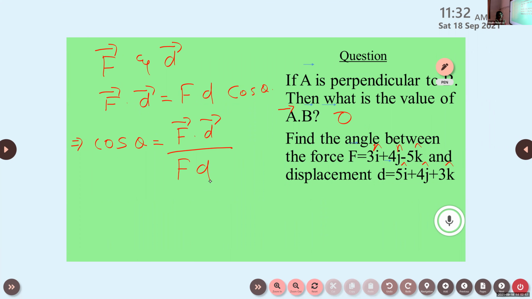So here vector F is given, vector D is given, find their dot product, the magnitudes of F and D separately, and substitute in the equation.